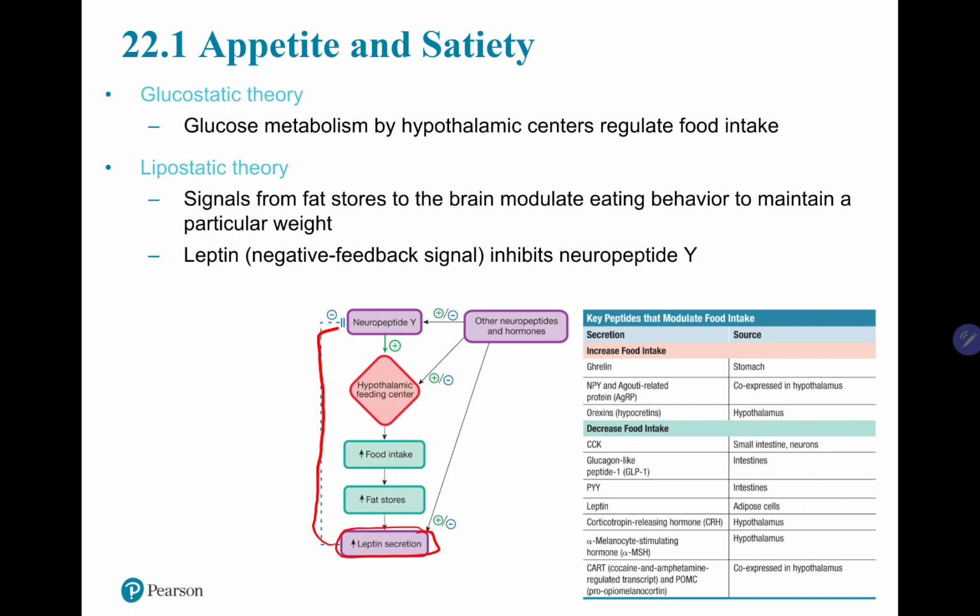So leptin is only part of this lipostatic theory. Another key signaling molecule is neuropeptide Y that we can see right here. This is a brain neurotransmitter that seems to be the stimulus for food intake. When they did studies in normal weight animals, leptin inhibits this neuropeptide Y in a negative feedback pathway.